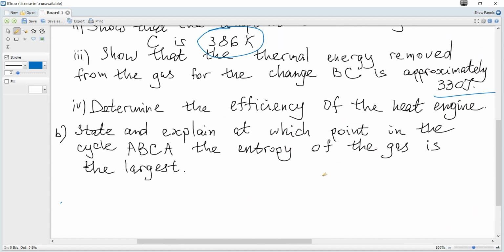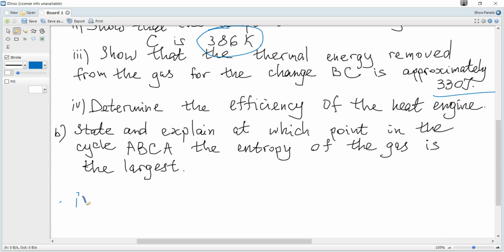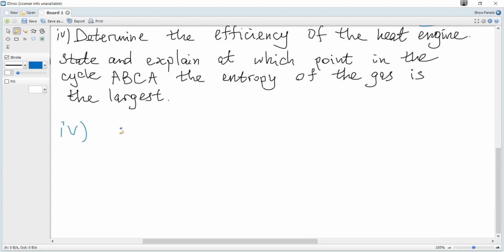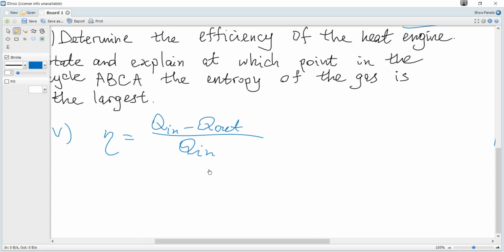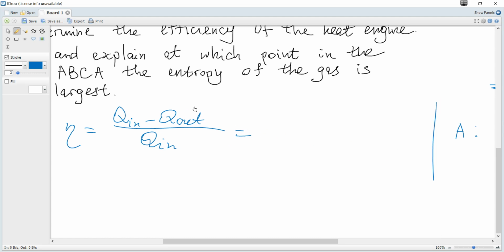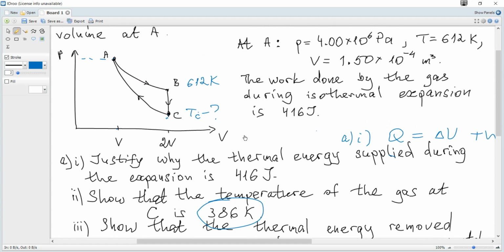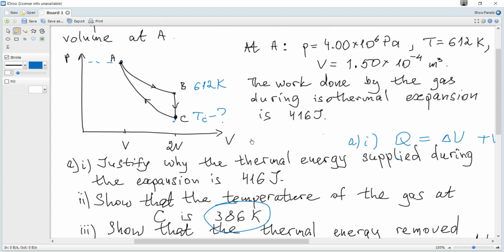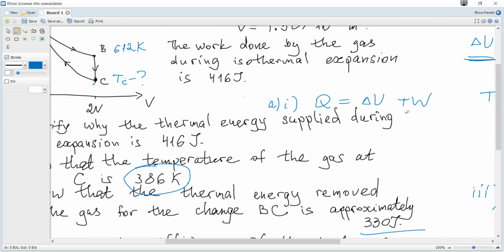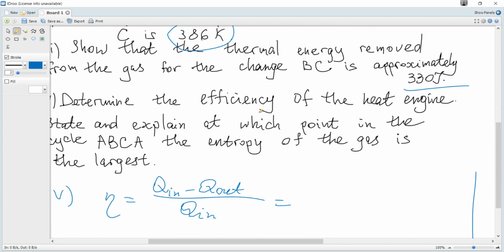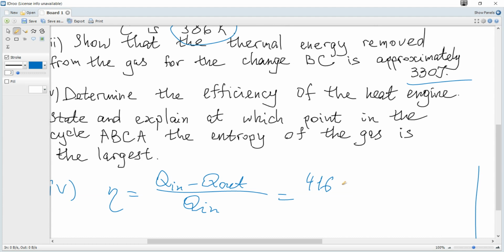The next question: determine the efficiency of the heat engine. There are 2 formulas in terms of temperature given in the data booklet, and in terms of energies, which is not given in the data booklet, it's energy in minus energy out, divided by energy in. Energy in is only during AB, which is shown to be 416.